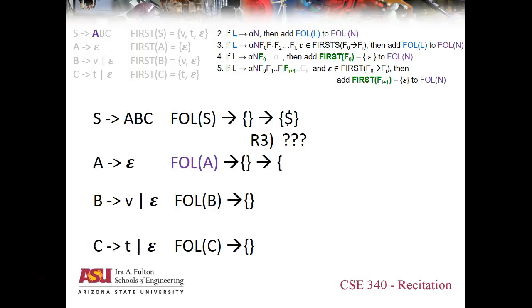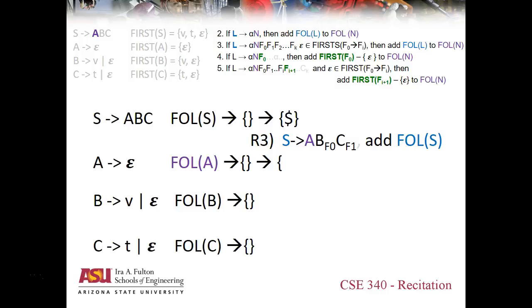Right, exactly, B and C as well. So I got all twisted up. So yeah, rule 3 does apply. Rule 3 applies because B and C both have epsilon in their first sets. So, yay me, I did it right this morning. I just got twisted up while I was up here.